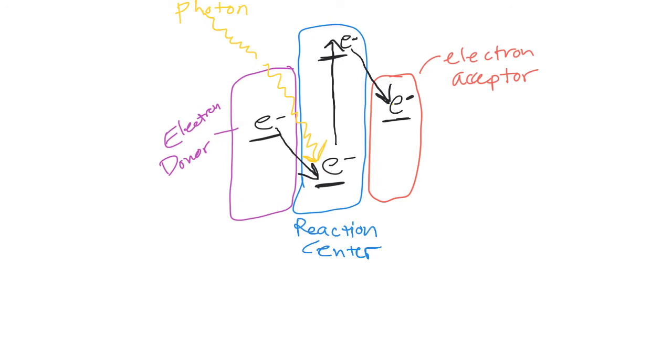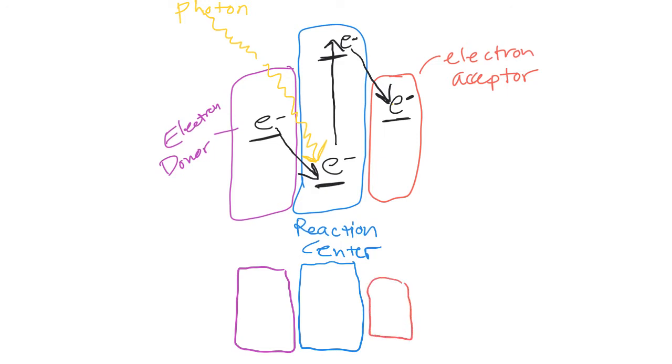So in the end, you'll end up right where we started, with an electron here, where that donor put it, and then that acceptor can donate to somewhere else.